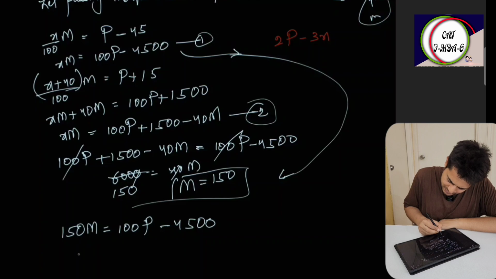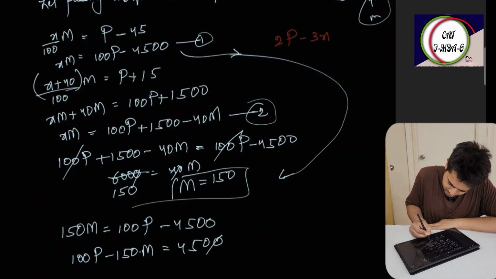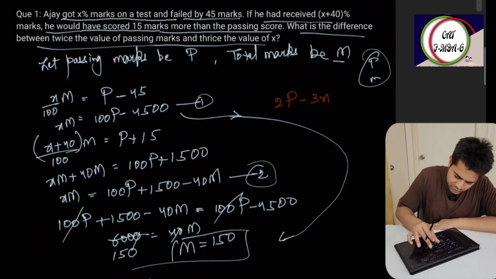Or you can write it as 100P minus 150X is equal to 4500. The zeros get cancelled. 5 twos are 10, 5 threes are 15 and 5 nines are 45. So 2P minus 3X is equal to 90. 90 is the right answer.